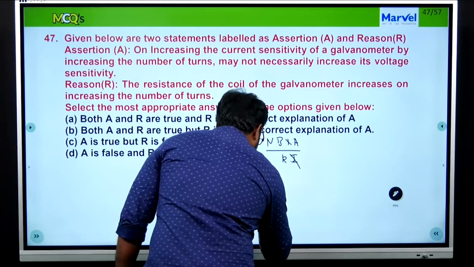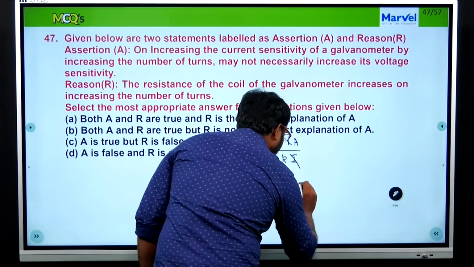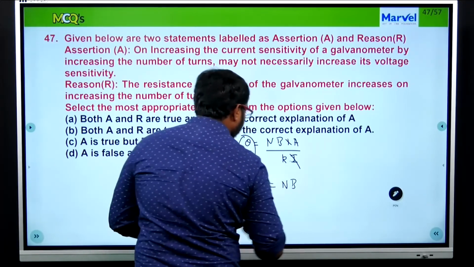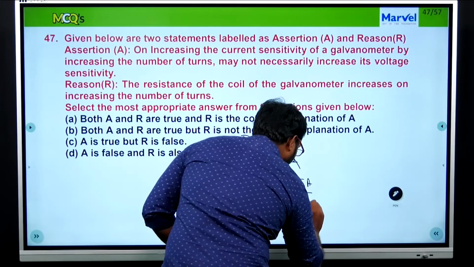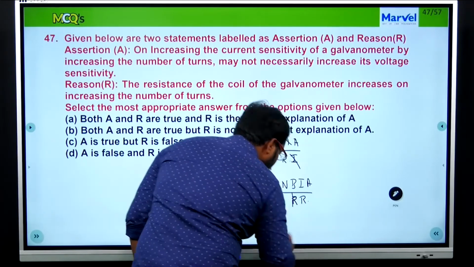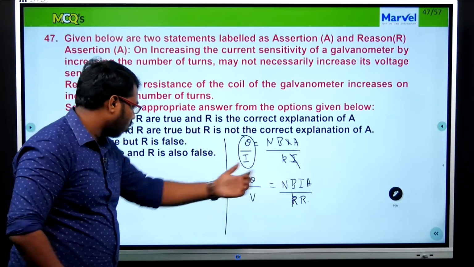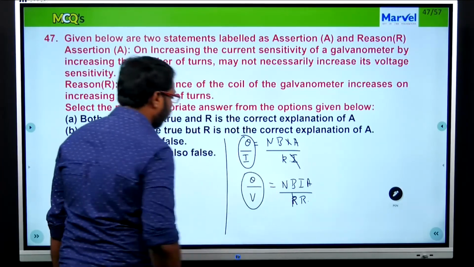You see, theta by V is equal to NBIA by K into R. K is called the torsional constant. Theta by V is called the voltage sensitivity.